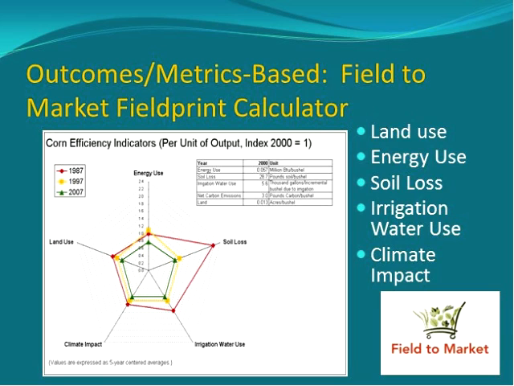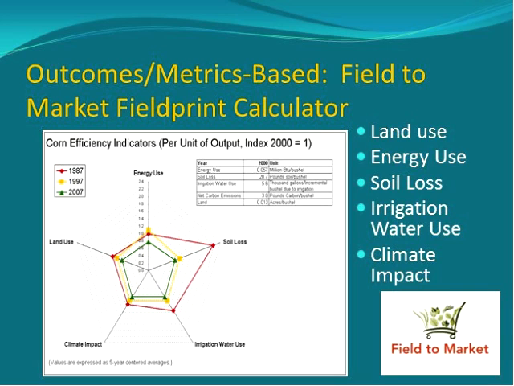And you can see that, for example, this particular data set generated that there's less sustainability in the area of soil loss than there is compared to, say, land use or climate impact. One thing to note about Field to Market is that they aggregate local data.